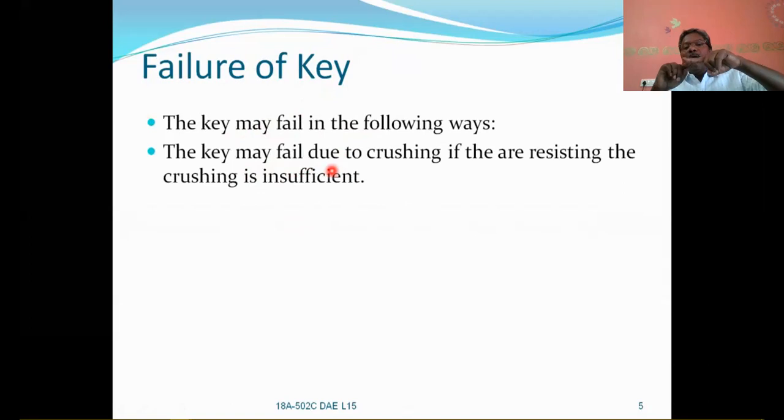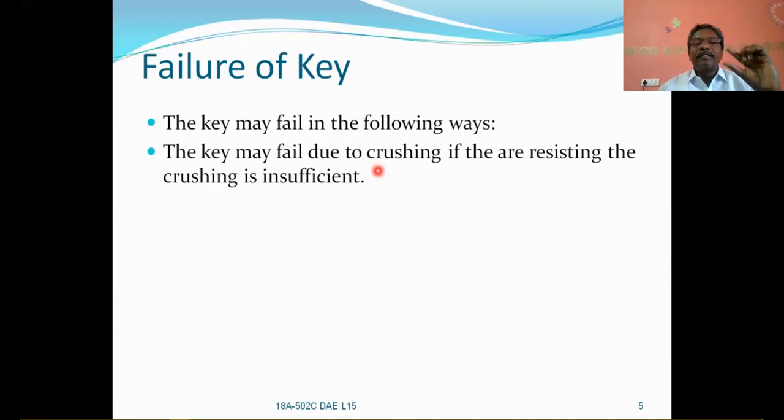The shaft crushes in the direction of rotation of the shaft, and as the hub is stationary, it crushes on the other side. That means the crushing takes place on half of the thickness of the key on one side and half of the thickness on the other side.